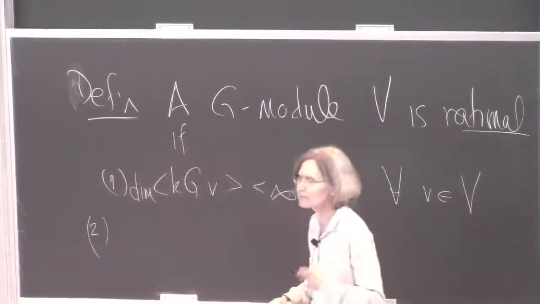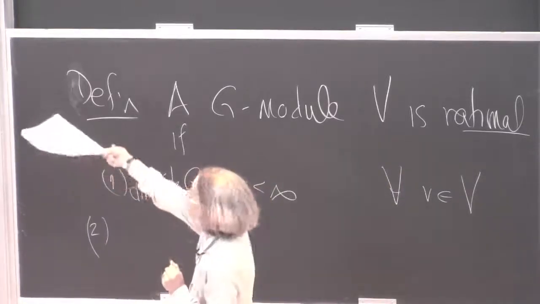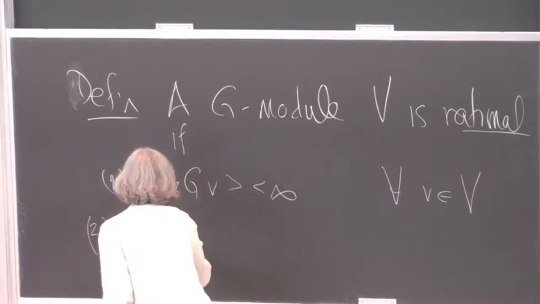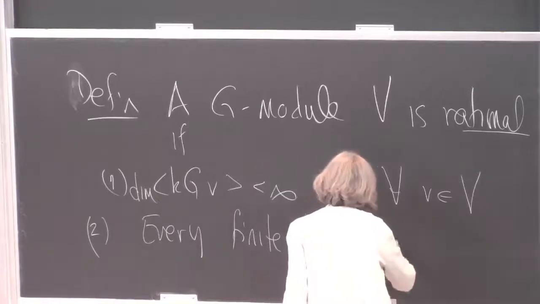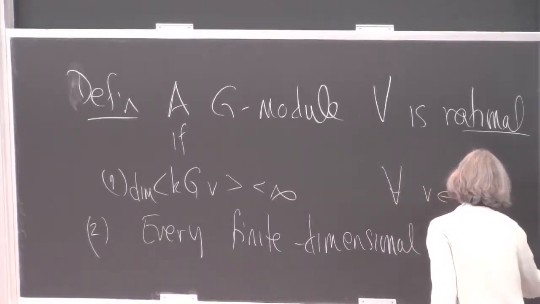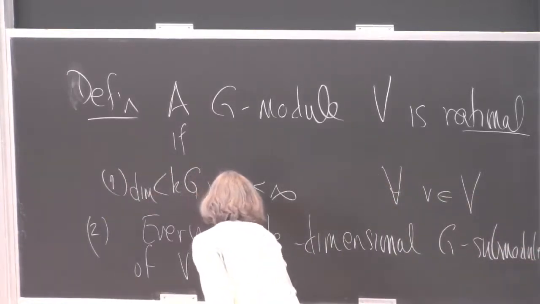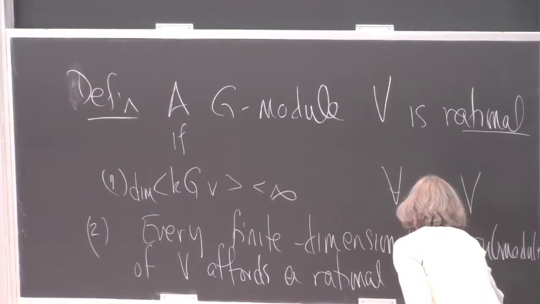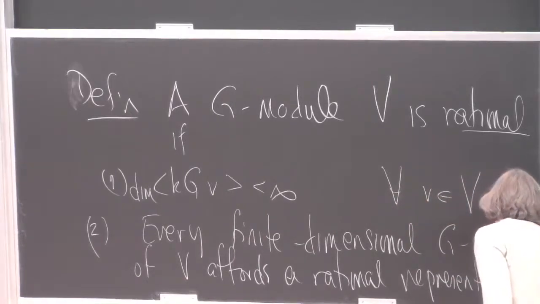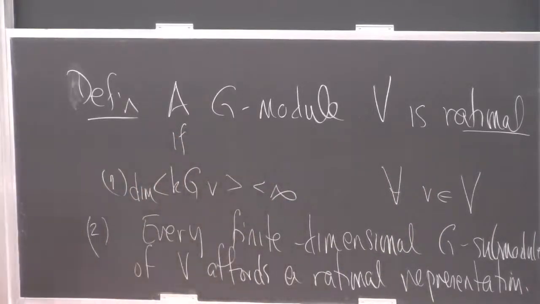And every finite dimensional G-submodule of V affords a rational representation in the sense that I already defined. So somehow you can cover up your space. Every vector lies in some G-invariant finite dimensional subspace, and all of those have this property here.